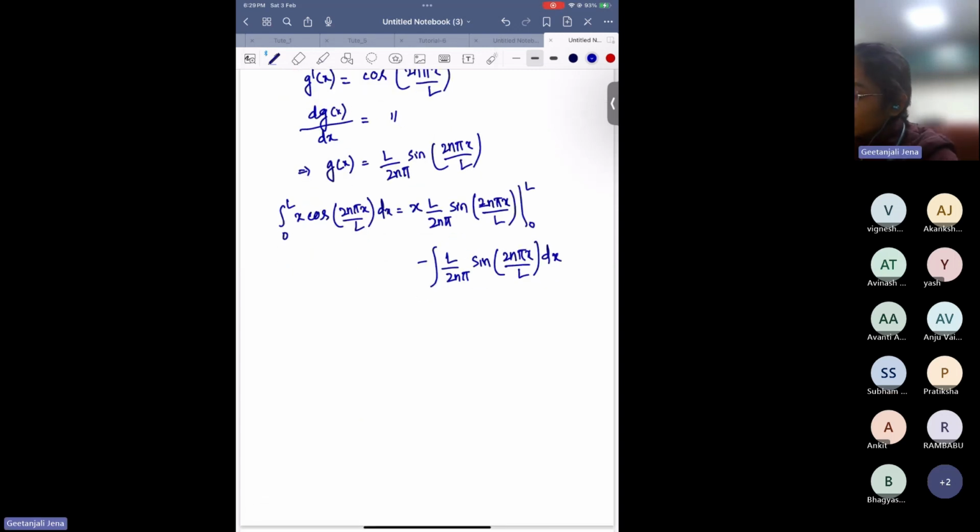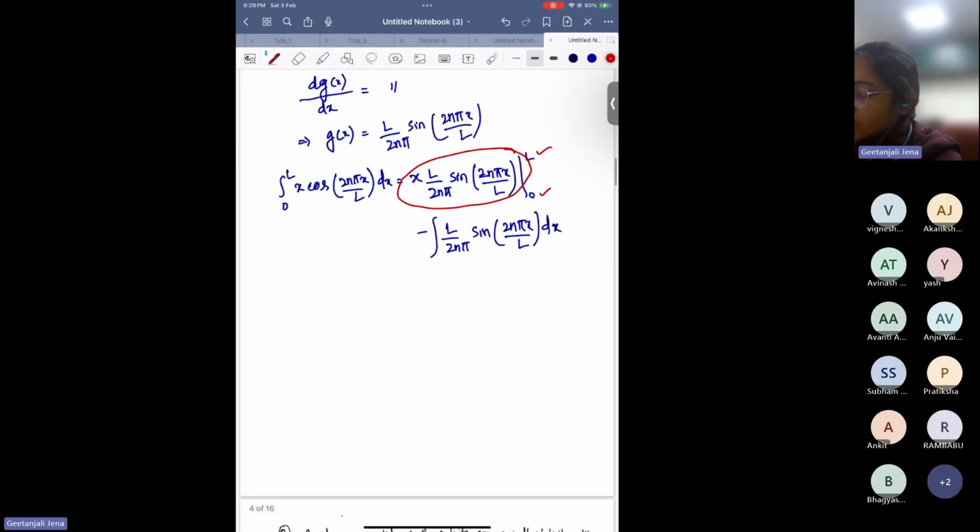Now you can see that two limits are given, 0 and L. If you solve the first one, what is the value you are getting? For the first limit 0, this term will give 0.